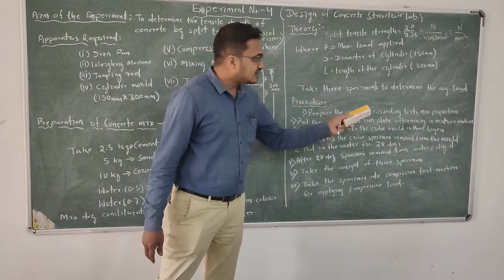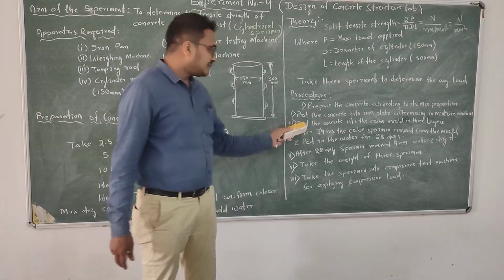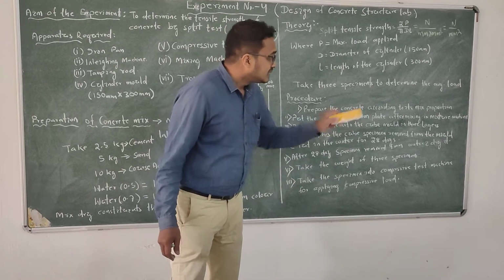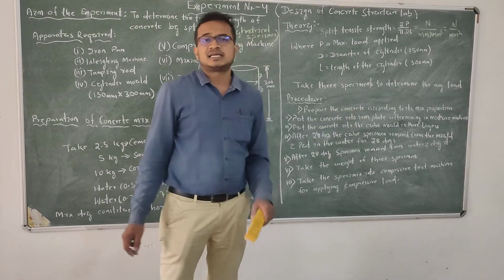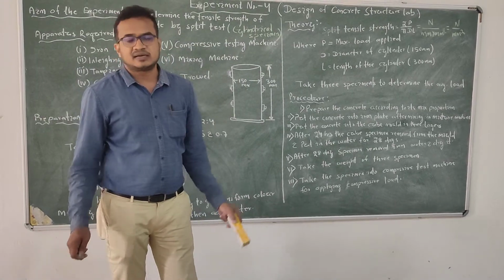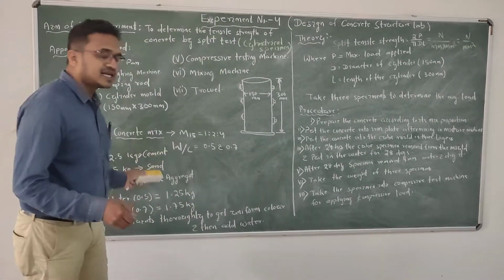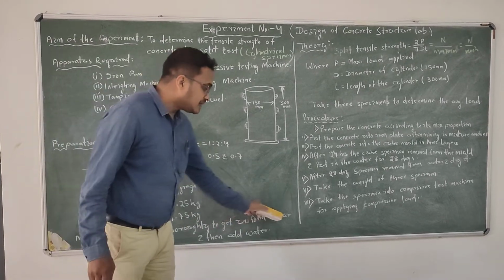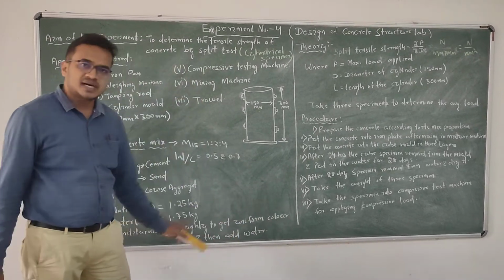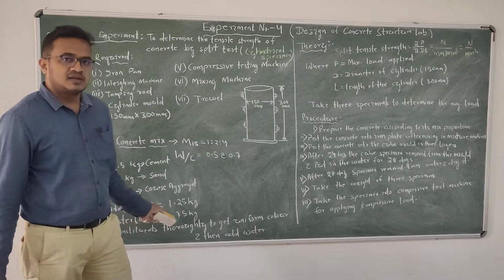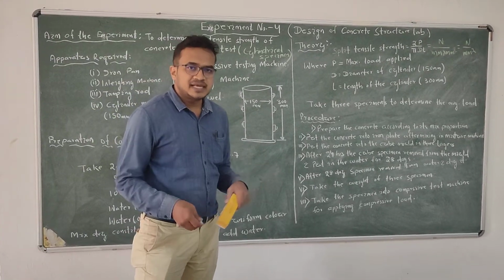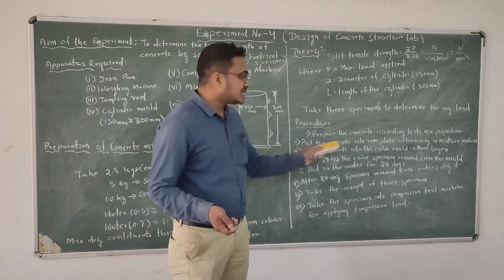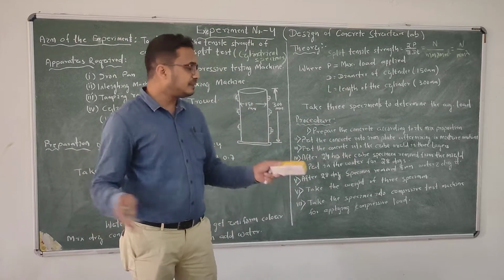Then we are going to mix all these proportions in a mixer machine, and when we get a uniform color, and after adding the required amount of water, the concrete is thoroughly mixed. After the thorough mix of concrete, we put that concrete into the iron pan.